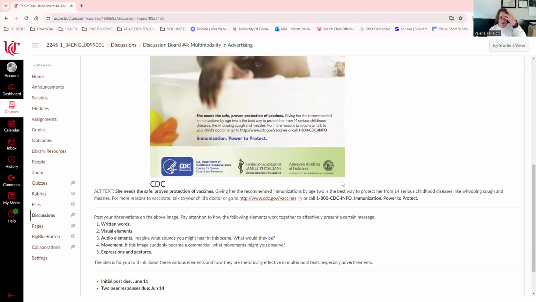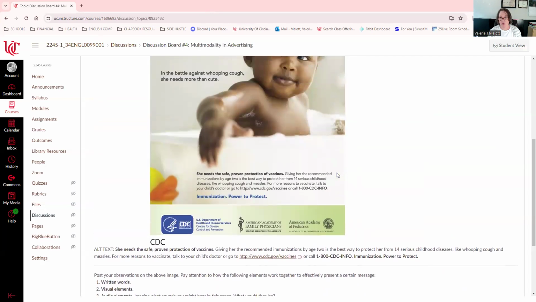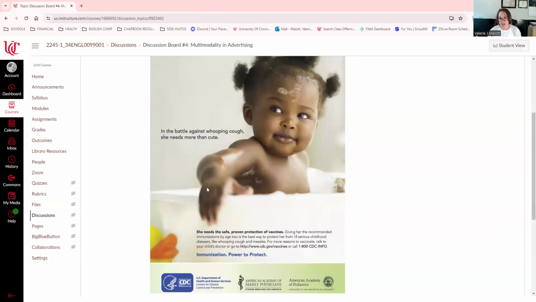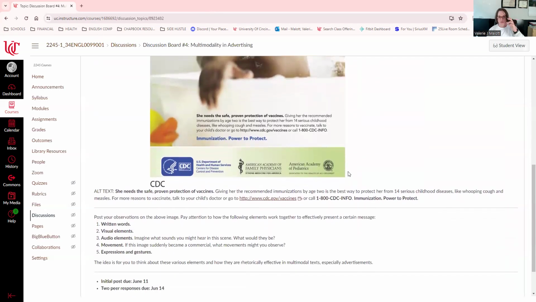Likewise with movement, if this image suddenly became a commercial, what movements might you see? And then, of course, think about the expressions and the gestures that are captured in this still photograph. This gives you an idea of the various things you might want to pay attention to in your commercial as you begin your rough draft.